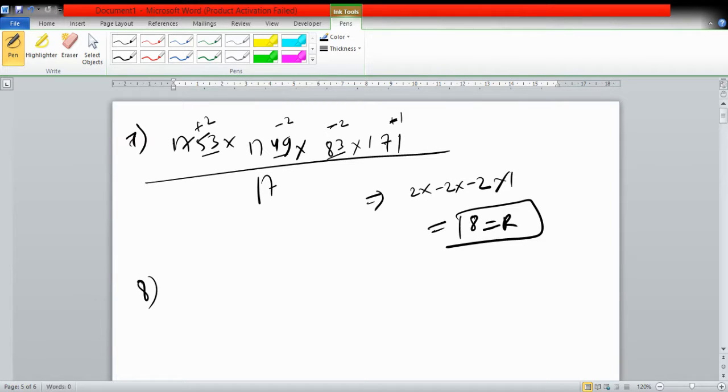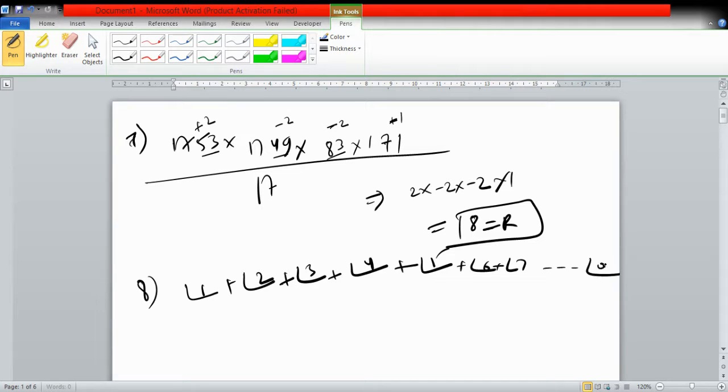Similarly, take the next example: factorial 1 plus factorial 2 plus factorial 3 plus factorial 4 plus factorial 5 plus factorial 6 plus factorial 7, and that is up to 1000, divided by 8. Then what will be the remainder?